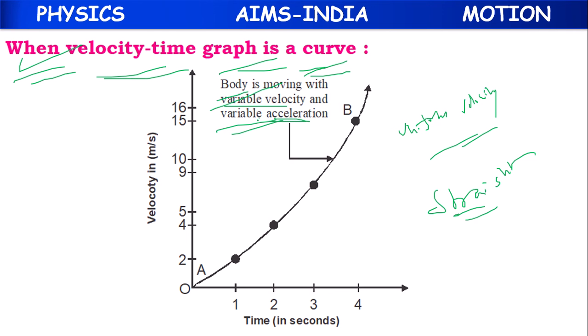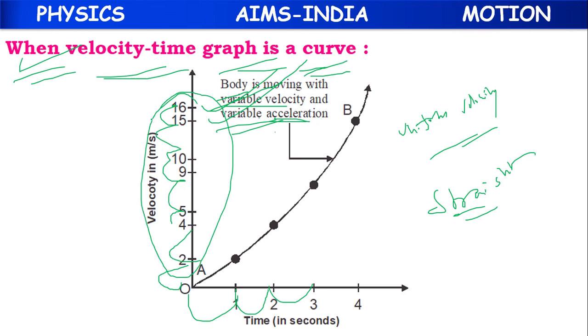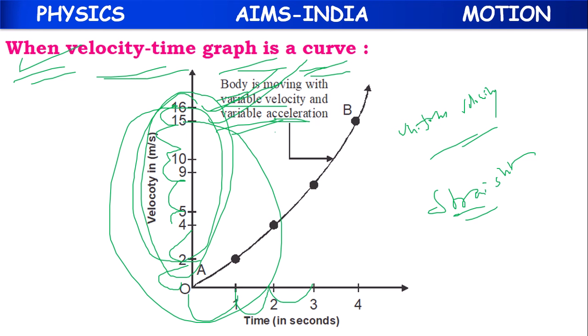So body is moving with variable velocity, variable acceleration. In 1 second time here 2 meter per second, 2 seconds 2 meter per second, next 3 seconds somewhere. Like that, there is no definite relation between the velocities. So we can tell that it is moving with variable velocity. So that's why it will be having variable acceleration.